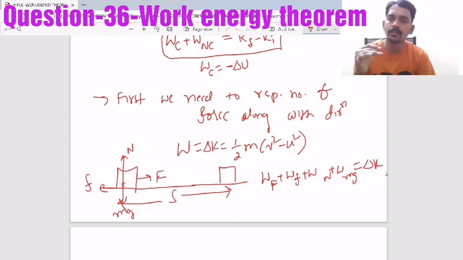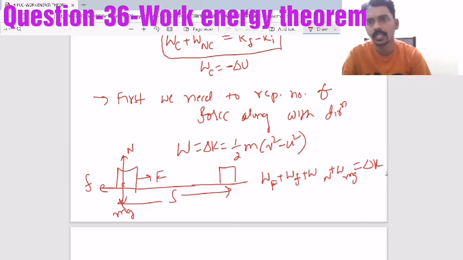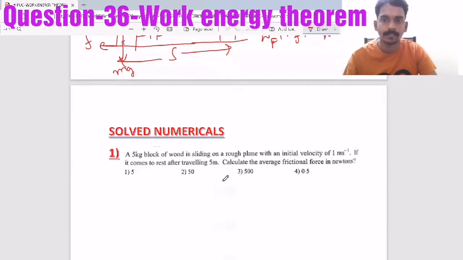Like when you take one particle from one level to another level and keep it, the initial velocity is 0 and the final velocity is 0, so the change in kinetic energy is also 0. Like that we need to understand and make the equations.